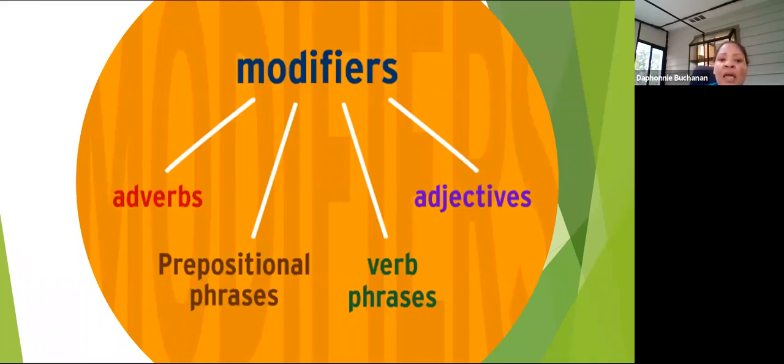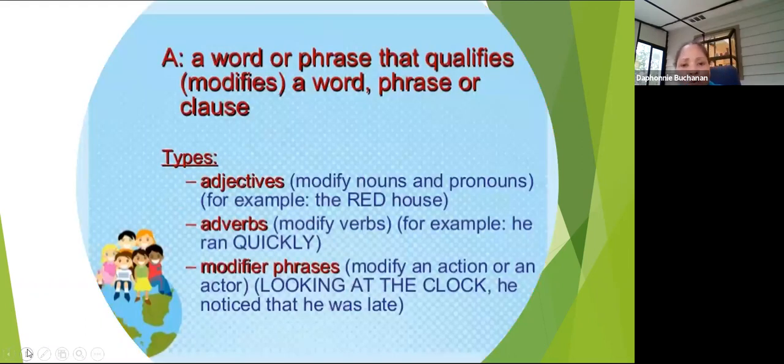And it was very difficult because I didn't really realize that I was using that so much. So we have to be careful with our adverbs, prepositional phrases, verbs, and adjectives. And in narrative writing, yes, we're told to use those descriptive words, but in some writing, it's not a good idea to use as many as we're told to use. So, "The red house. He ran quickly. Looking at the clock, he noticed that he was late."